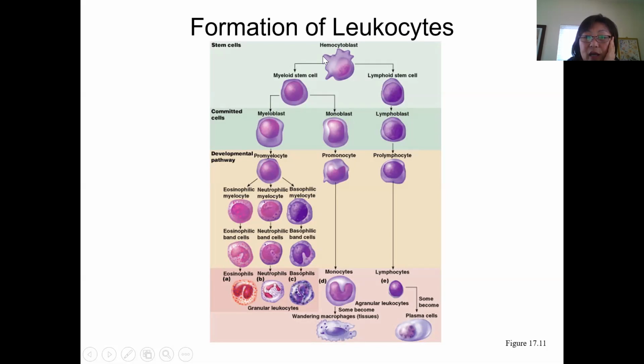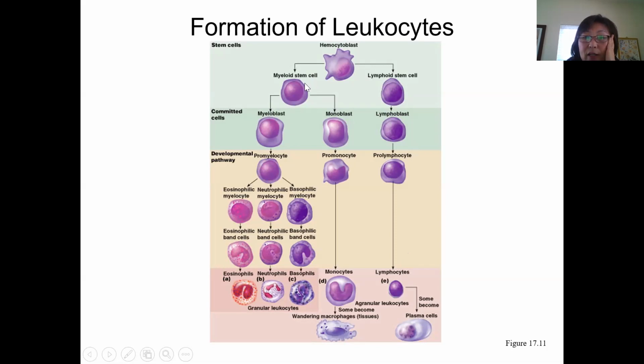We say blood cell production always starts from a stem cell, the hemocytoblast, and this hemocytoblast will divide or differentiate to form a myeloid stem cell and a lymphoid stem cell. The lymphoid stem cell will make lymphocytes, right?